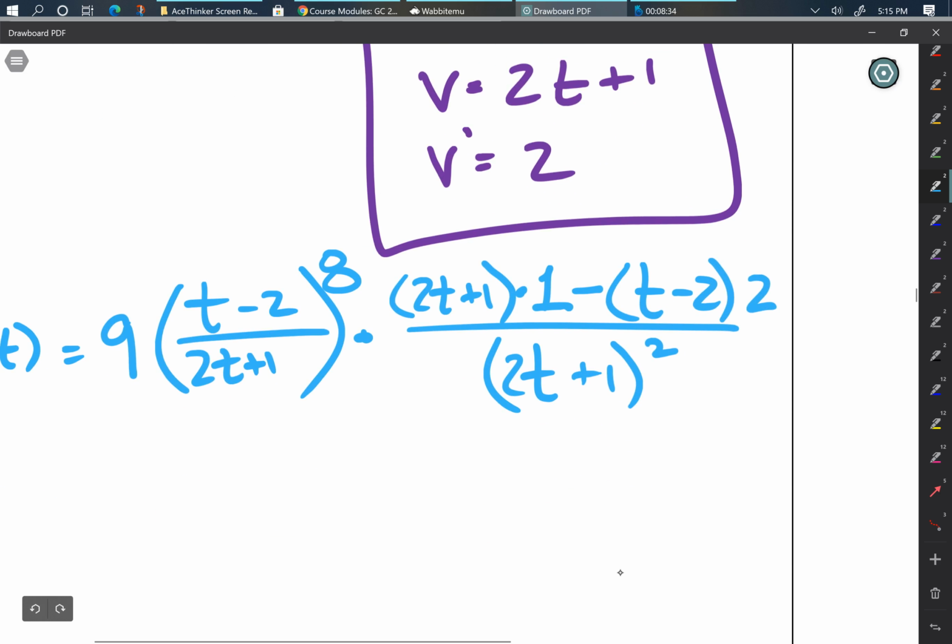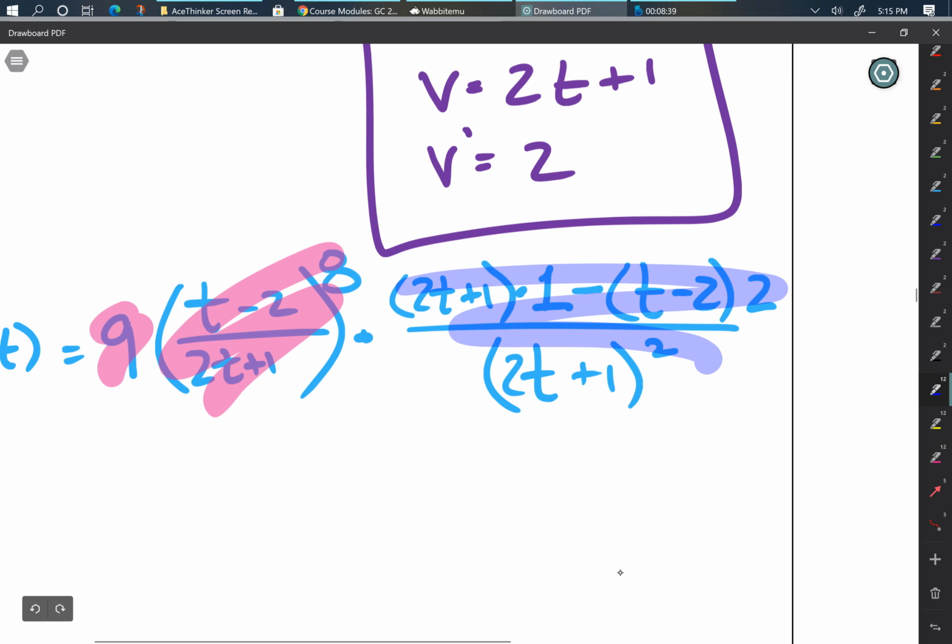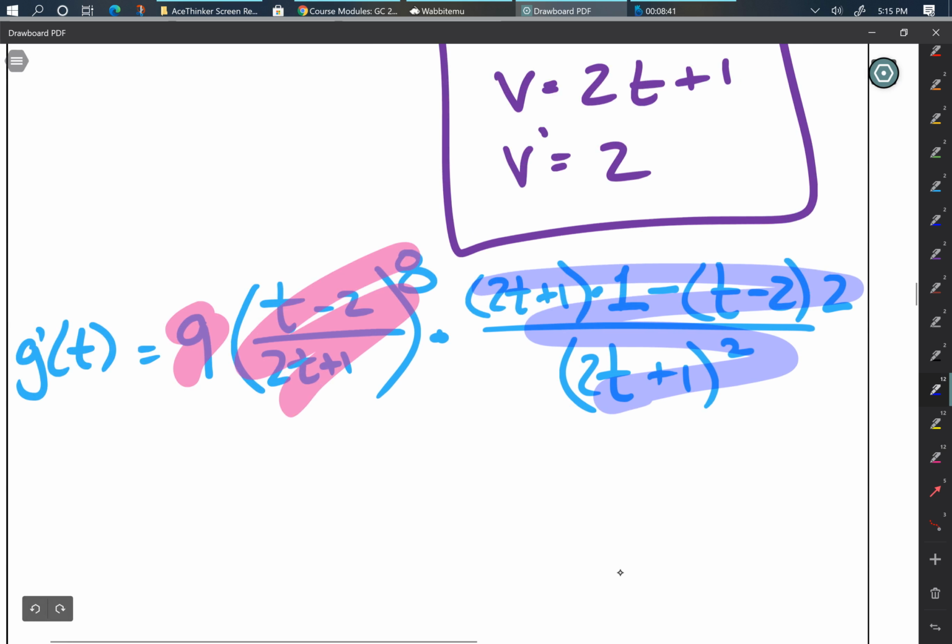Okay, now I'm comfortable with this and this, but I am uncomfortable leaving this like this. I need to clean that algebra up.